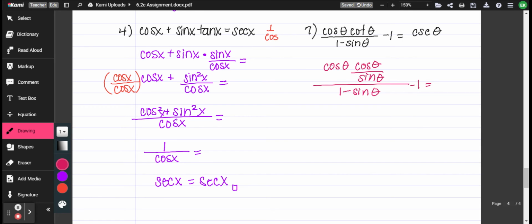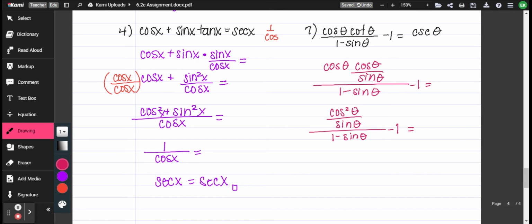So now I'm going to combine on the top, and I'm going to get cosine squared theta over sine theta divided by 1 minus sine theta minus 1. Okay. Now let's see, what else can I do here?